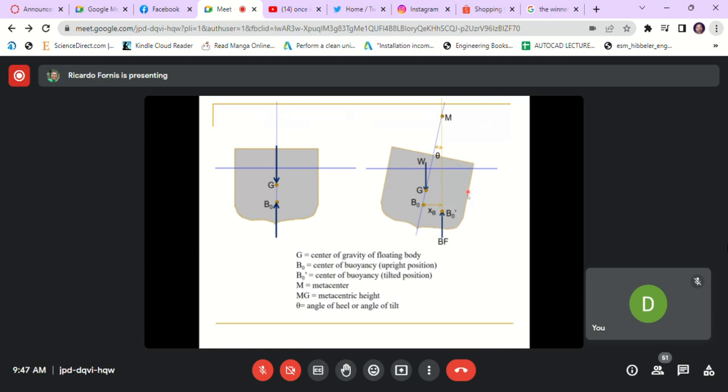In this particular position, the floating object is in a state of equilibrium, meaning it will not continue to tilt and it will not return to its original position.